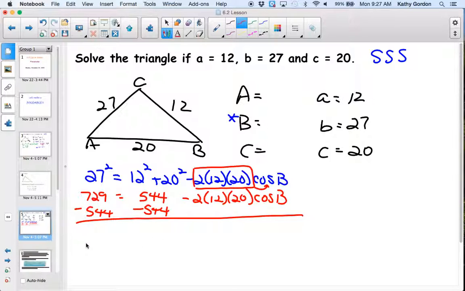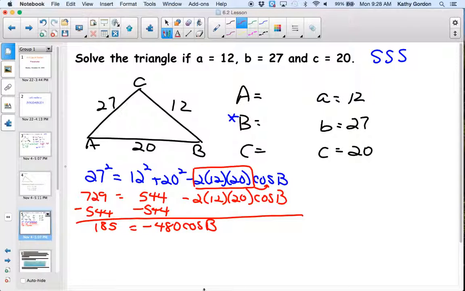That means this is going to end up being 185, and this is going to end up being a negative 480 cosine B. Which means my next step is to do what? Divide by negative 480. We're not adding and subtracting that piece.